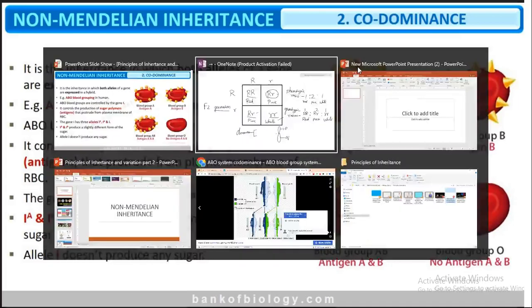I'll show that for you. Here we go. On our RBC we have the H antigen. Basically, consider the H antigen on the RBC as a protein.